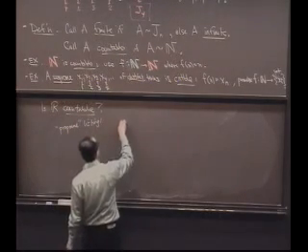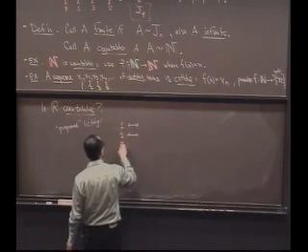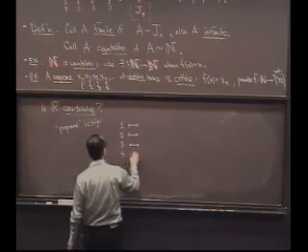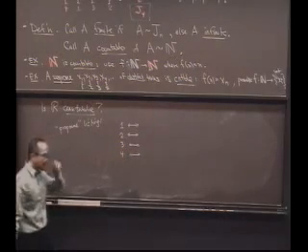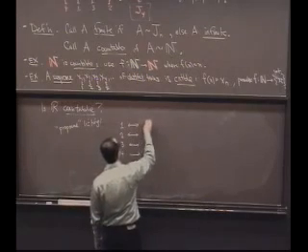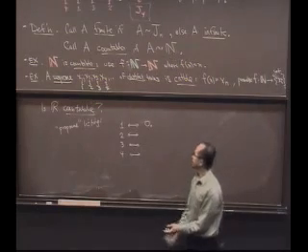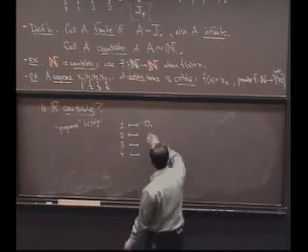I don't know. Let's say the number 1 gets associated with some real number, and 2, 3, 4 each get associated with some real number. Let's say the first one, 1, gets associated with this number.